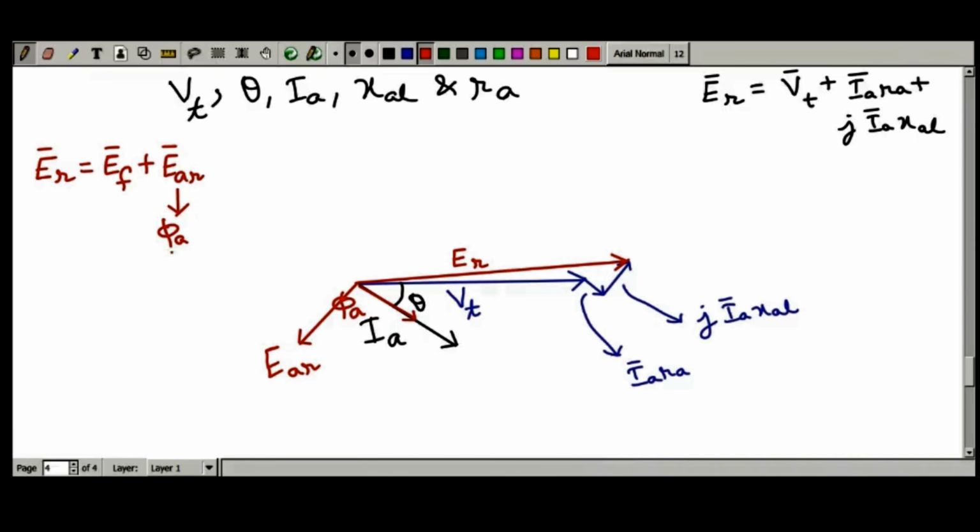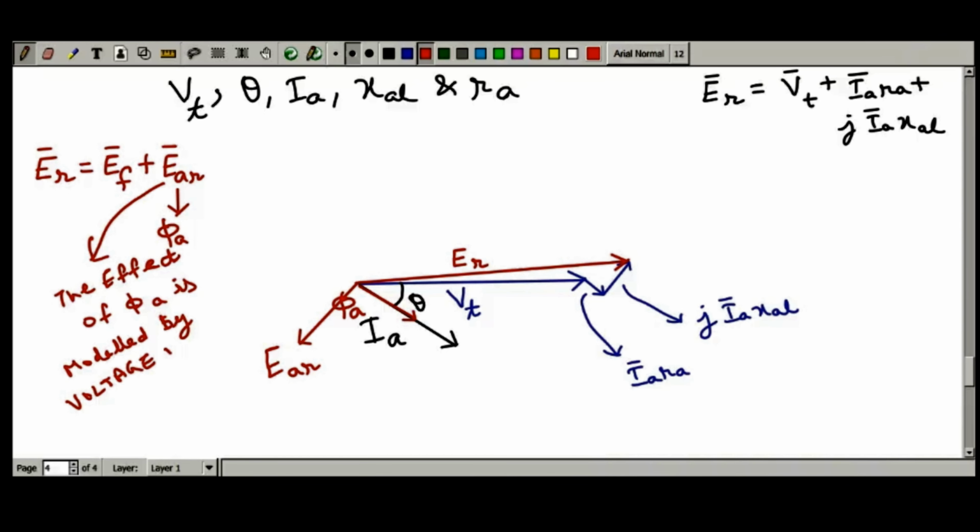What I want to say is that the effect of phi A is modeled by voltage drop in a fictitious reactance.